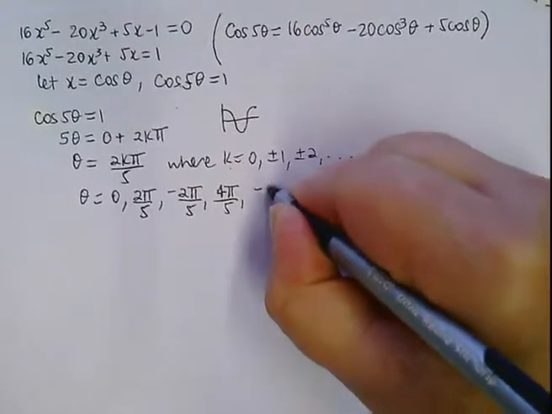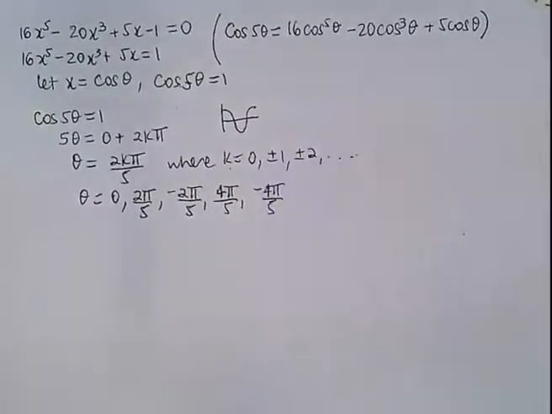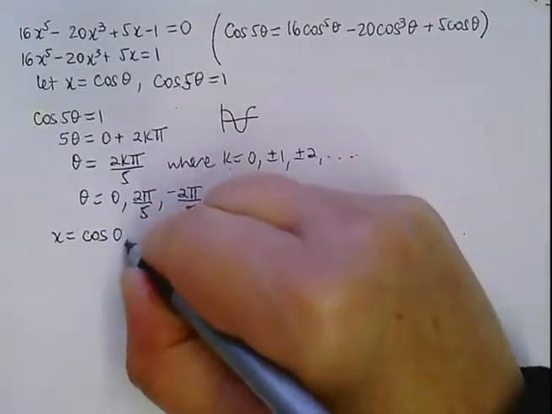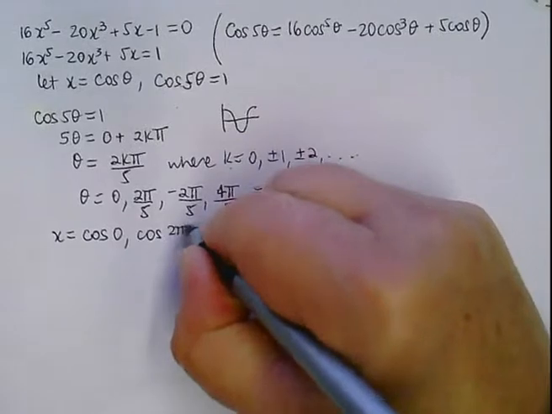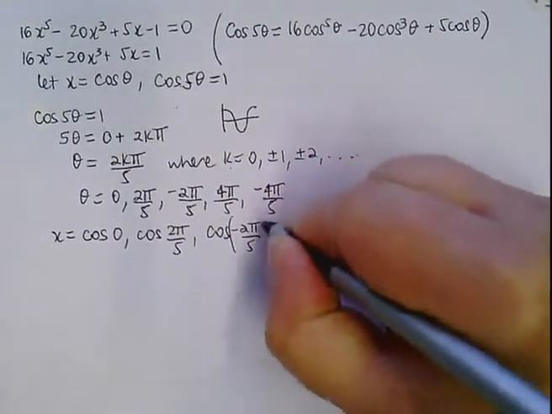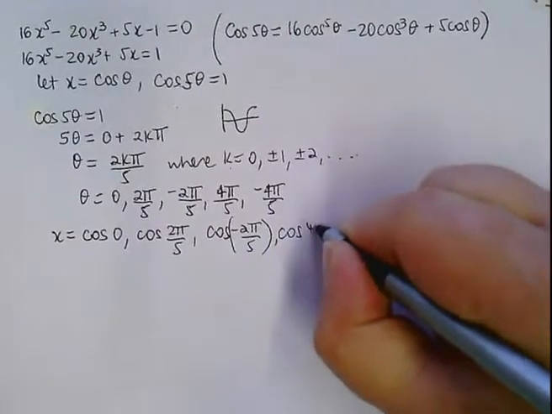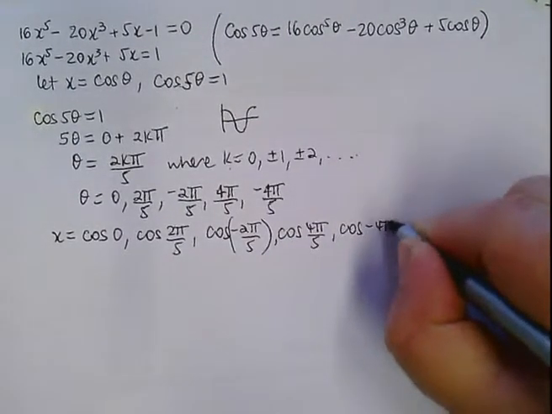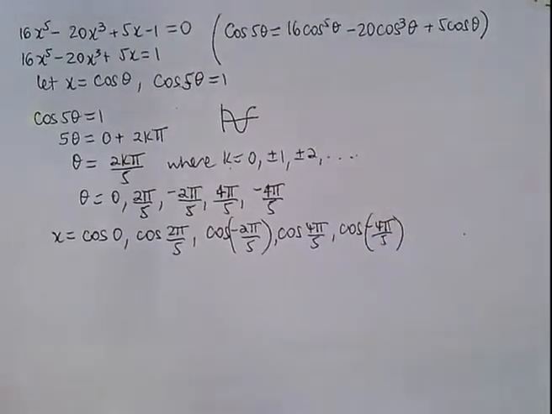And when k is negative 2, theta is negative 4 pi on 5. Remember, we're solving for x. So x is cos of 0, cos of 2 pi on 5, cos of negative 2 pi on 5, cos of 4 pi on 5, and cos of negative 4 pi on 5.